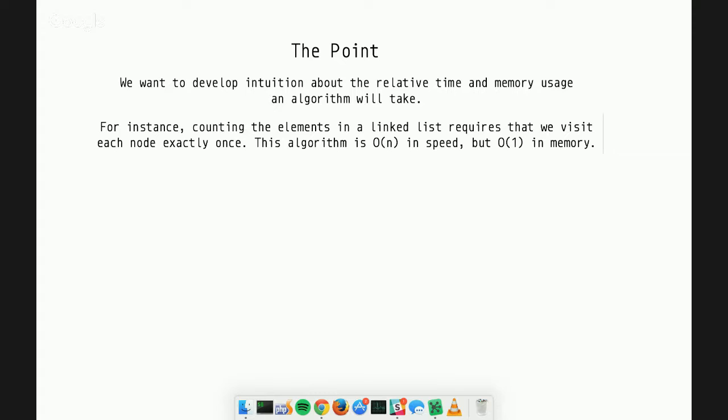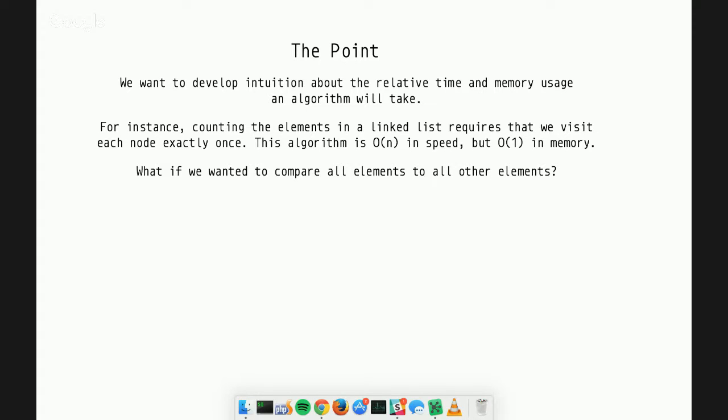That's sort of the intuition there. We have to walk n things, so it's going to take us n time units in speed, ish, but we only have to keep one node in memory at any time, or a constant number of nodes in memory at any time. So it's big O of 1 in memory.